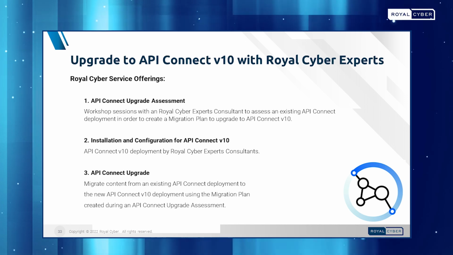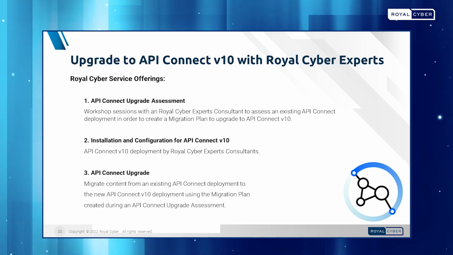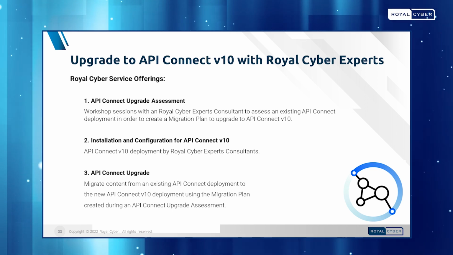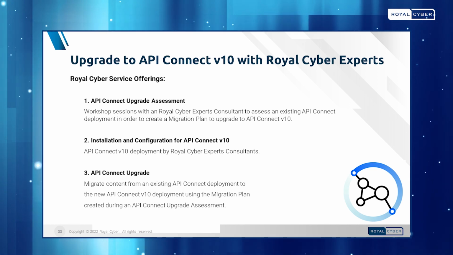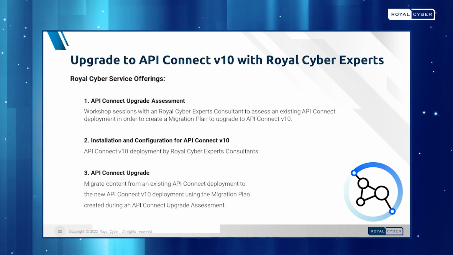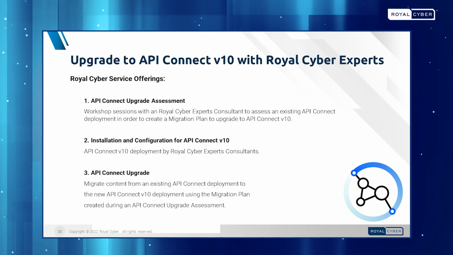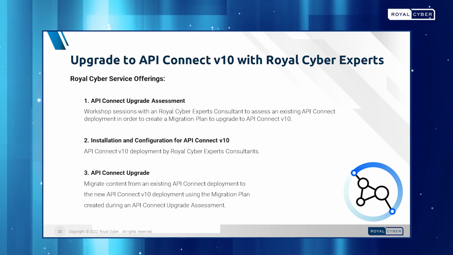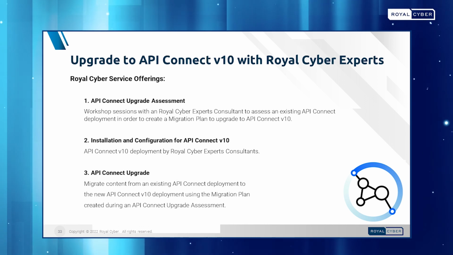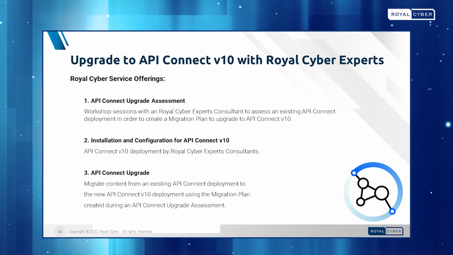We take an upgrade assessment: we sit down with you, carry out workshops, look at what you have and where you want to go, look at the requirements, and make a plan. The second step is the actual installation and configuration of API Connect V10, where we install the target environment. The last one is the actual migration, where we migrate your artifacts from V5 to V10.